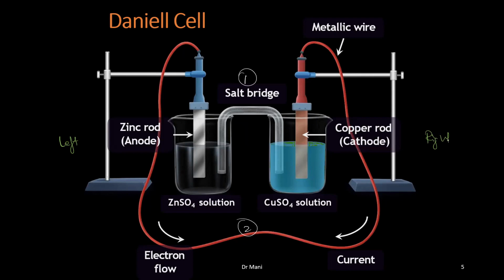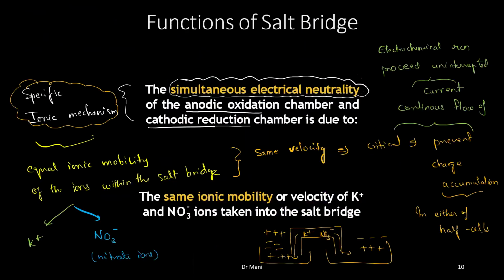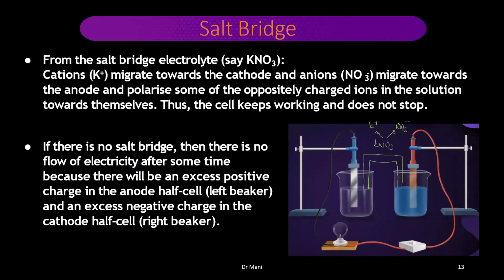So remember, which one is cathode, which one is anode? The left one is anode, the right one is cathode. See here, the K+ is moving towards the left, that is towards the anode.